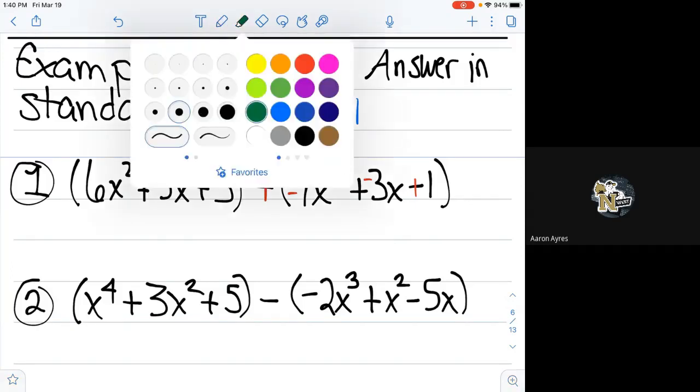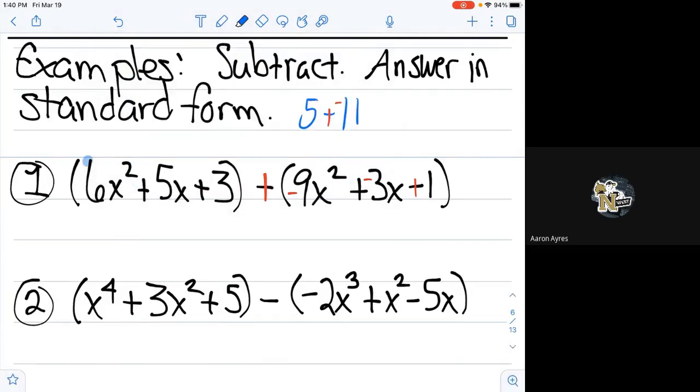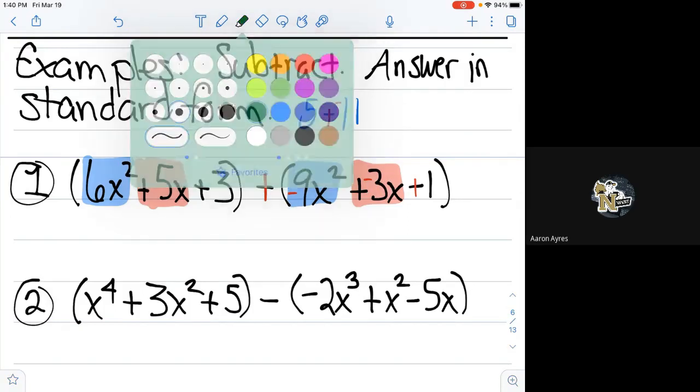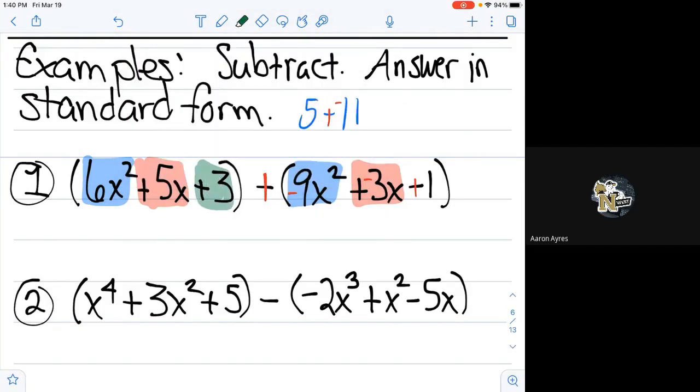So I have 6x squared and negative 9x squared. I have positive 5x and negative 3x. And I have positive 3 and positive 1. So, what is 6x squared plus negative 9x squared?